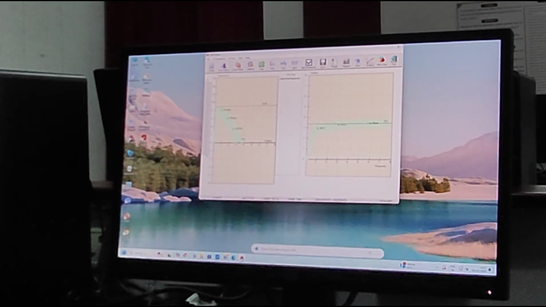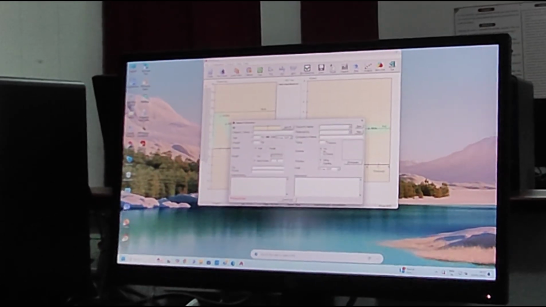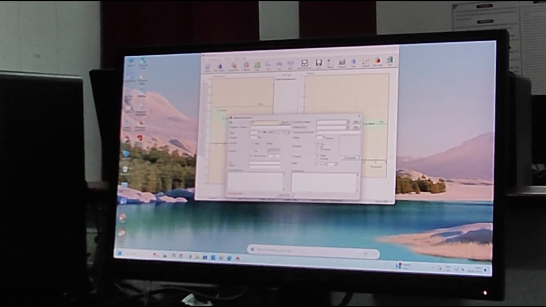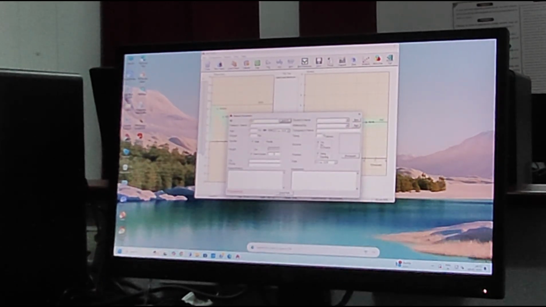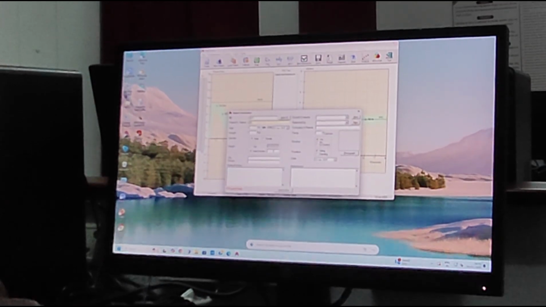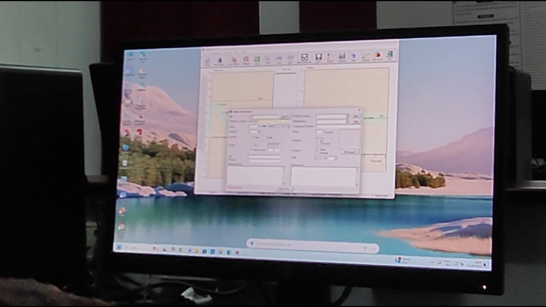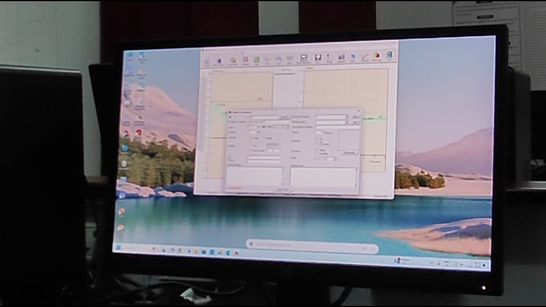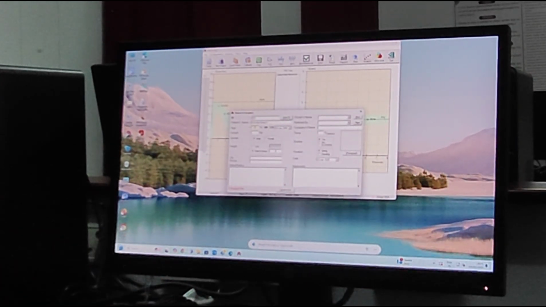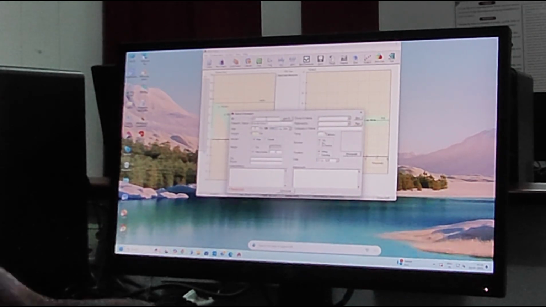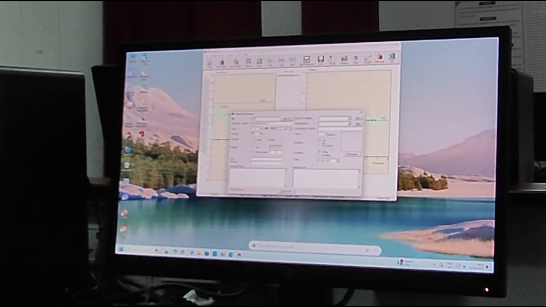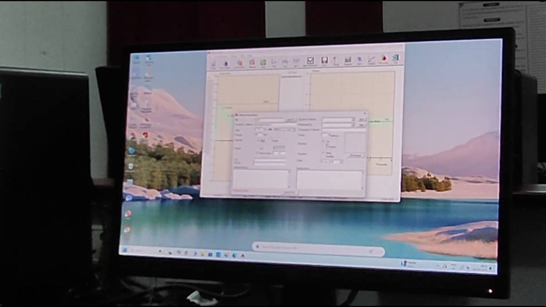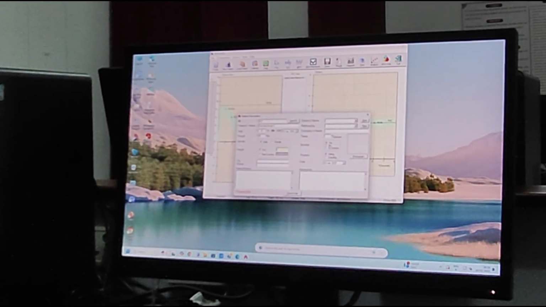For that, we need to enter the patient details. Here we enter the student register number as the patient ID, and the patient name, the age, weight, and the height. It may be in centimeters or feet.